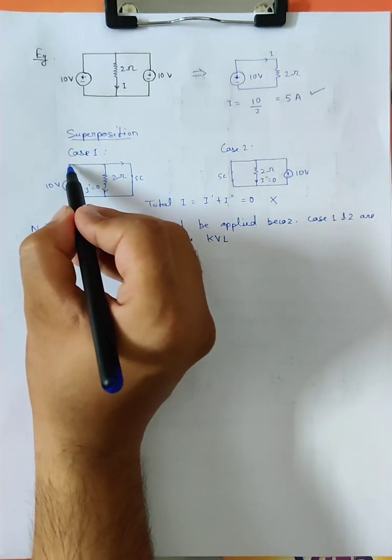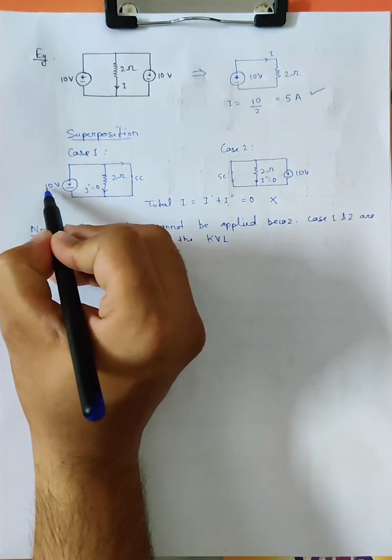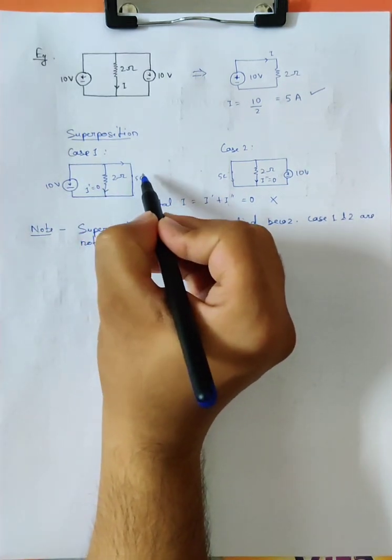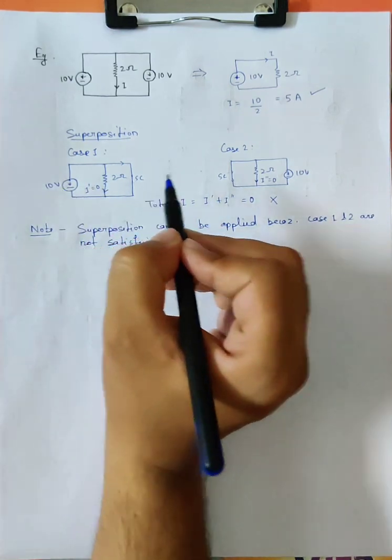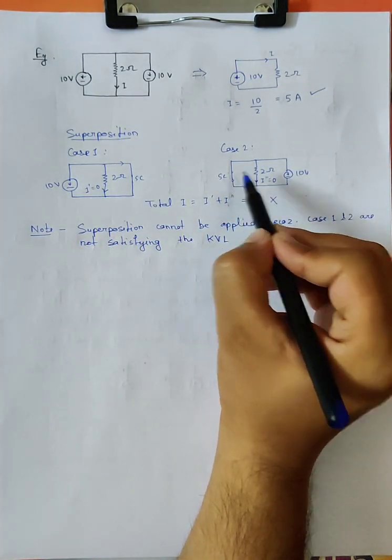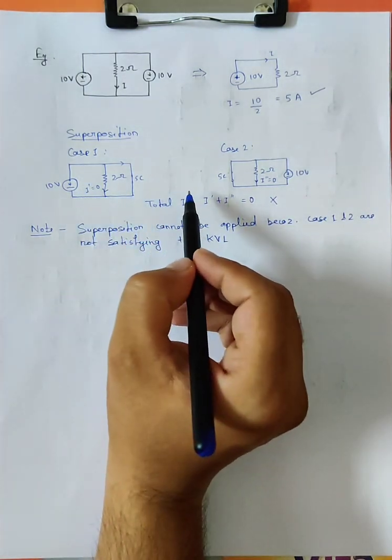The voltage across this voltage source is 10 volts. The voltage across this short circuit is 0 volt. This can't be possible as they both are in parallel. The same case is here. So superposition cannot be applied for this case.